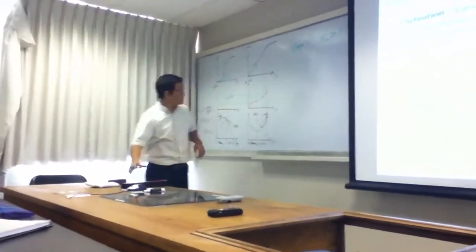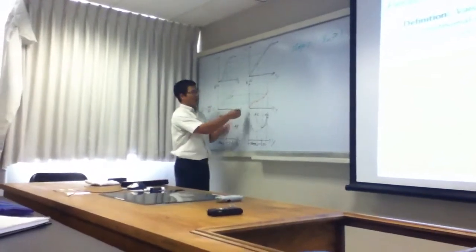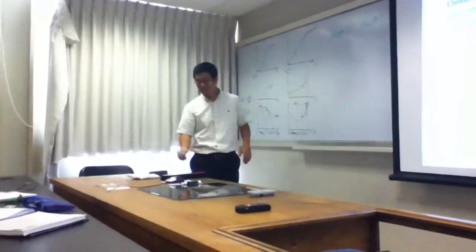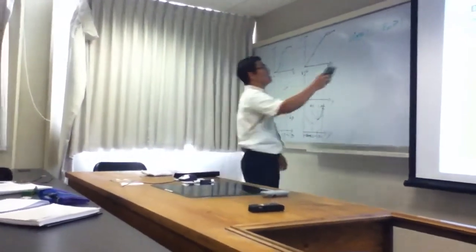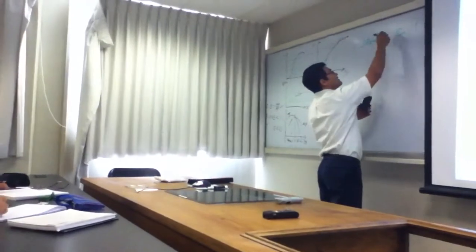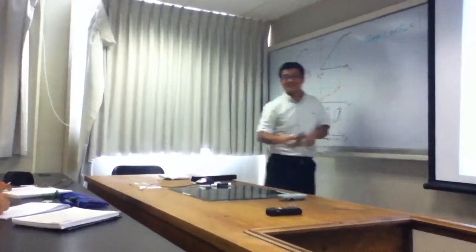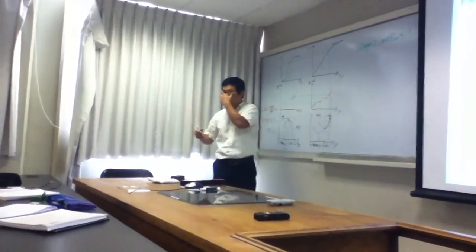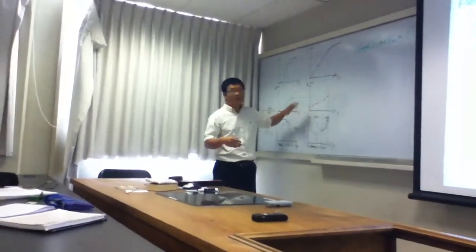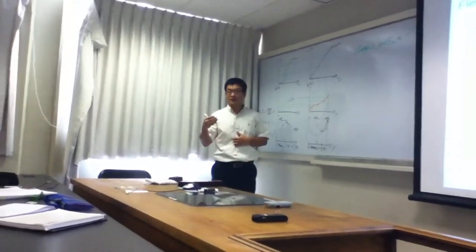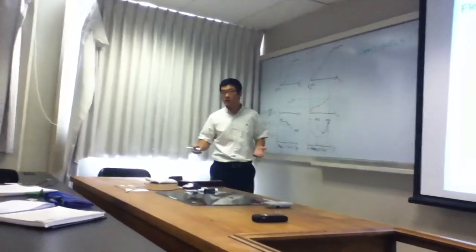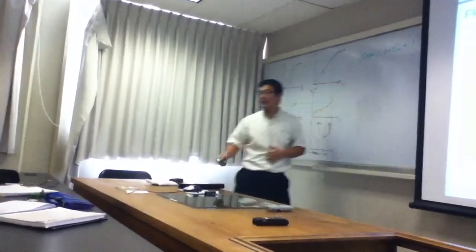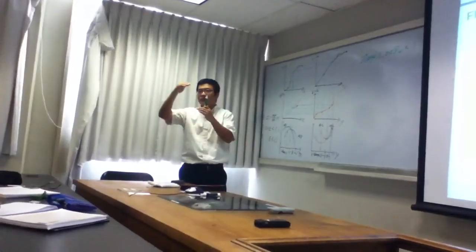What does that mean in English? That means if I increase y, my output target, my variable cost is going to increase less than proportionally. If I increase my output level by 10%.